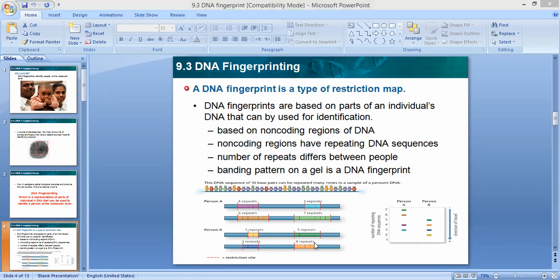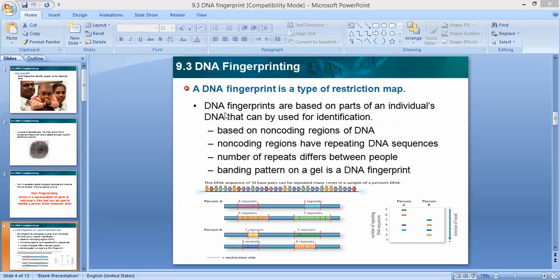And you should keep in your mind that the fingerprint is based on what? Which parts of DNA? It's based on non-coding regions of DNA. Okay? And we said that non-coding regions of DNA have repeating DNA sequences, and the number of these repeats differs between people.